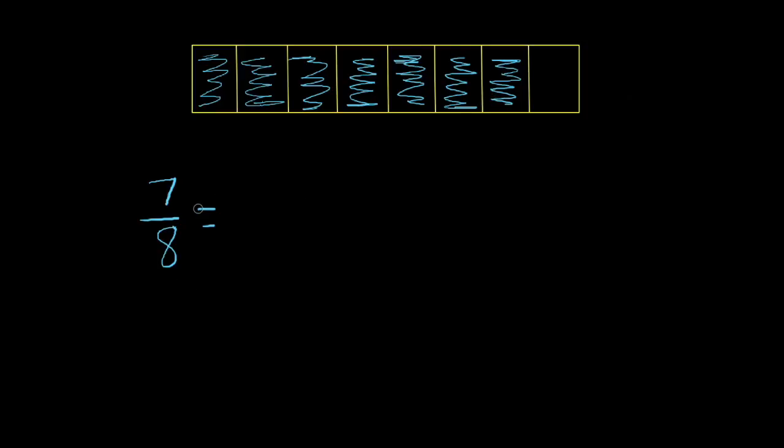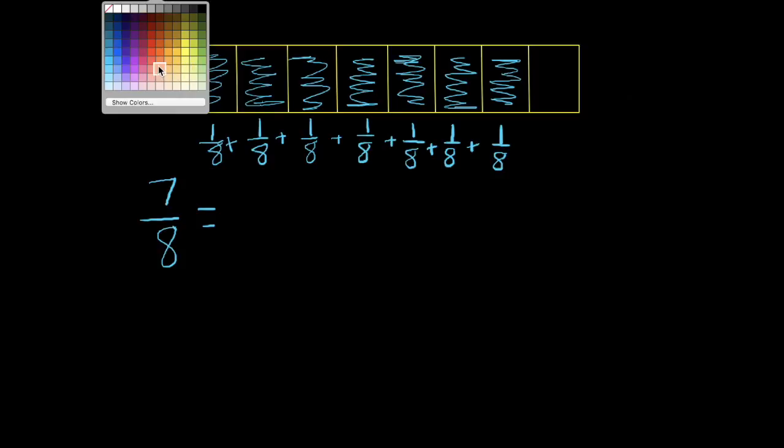Now I can decompose this as a sum of unit fractions, where it would be 1/8 plus 1/8 plus 1/8 plus 1/8 plus 1/8 plus 1/8 plus 1/8, and that would all add up to 7/8.